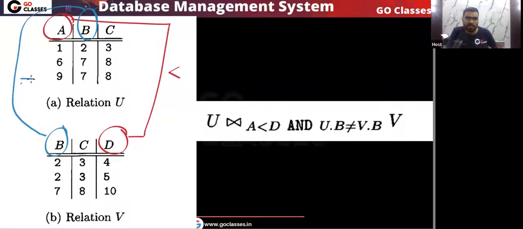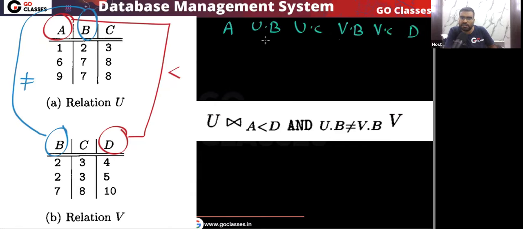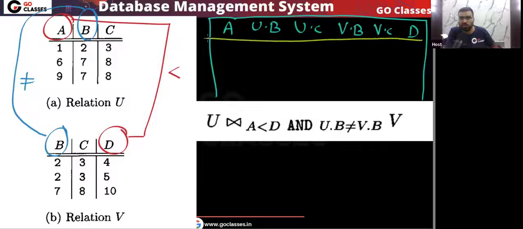So finally, here your answer will be what? The schema will be U.B, then U.C, then V.B, then V.C, and then D. This will be the schema, first of all. This is your theta join, conditional join.